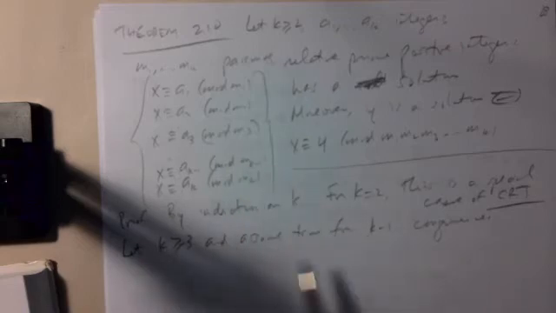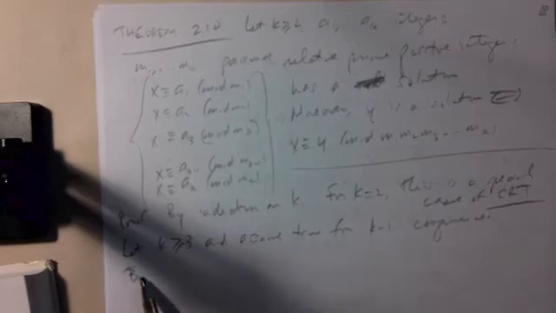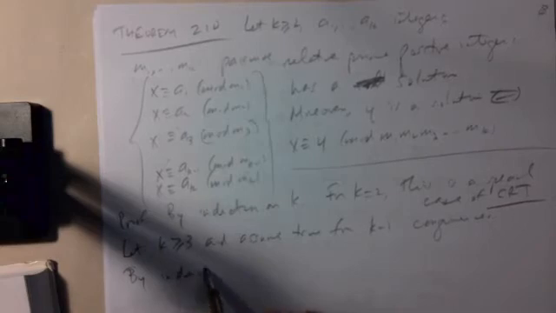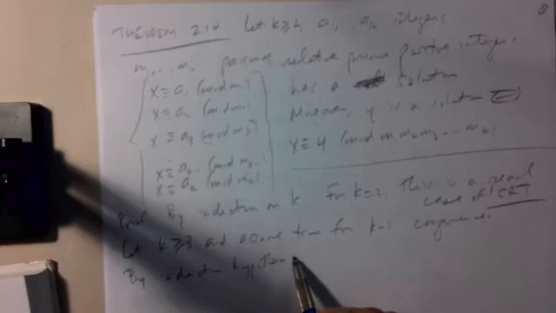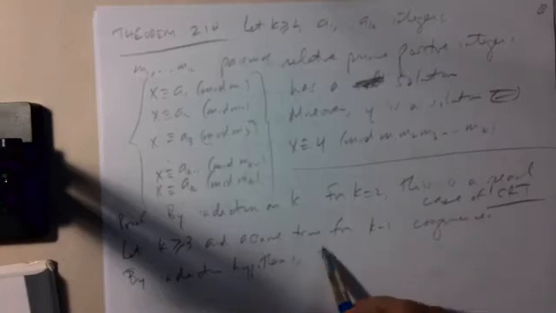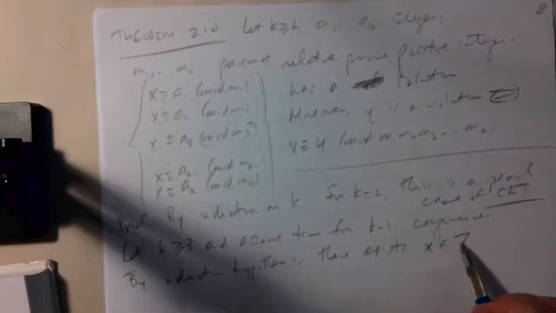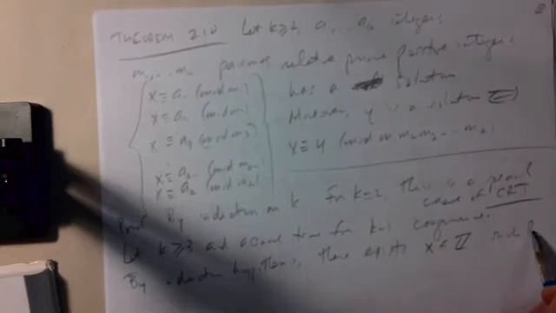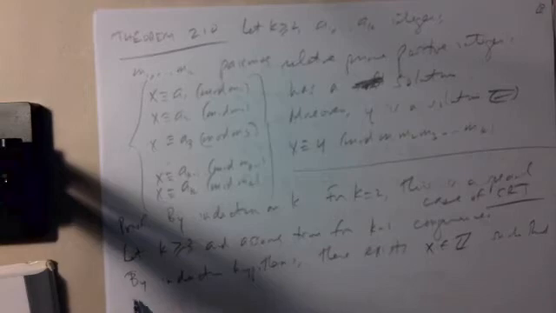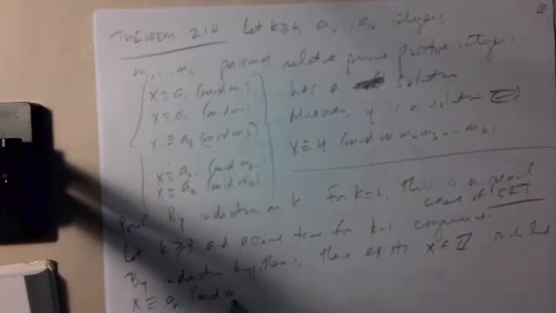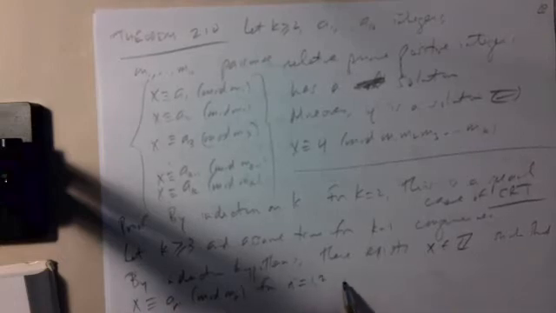So by the induction hypothesis, there exists an integer x such that x is congruent to a_i mod m sub i for the first k minus 1 congruences.